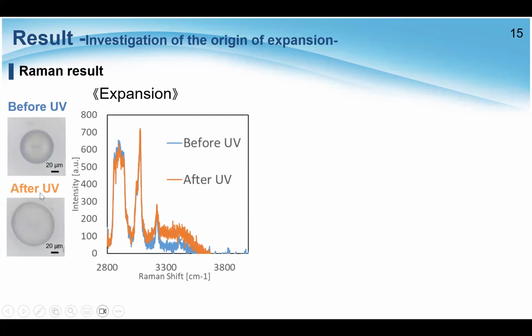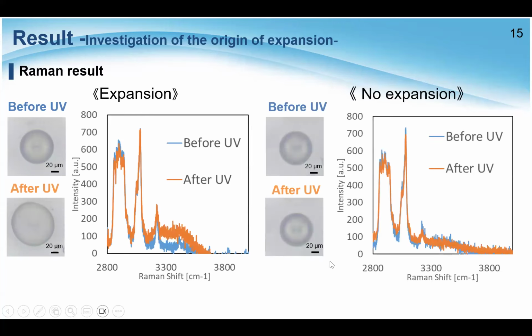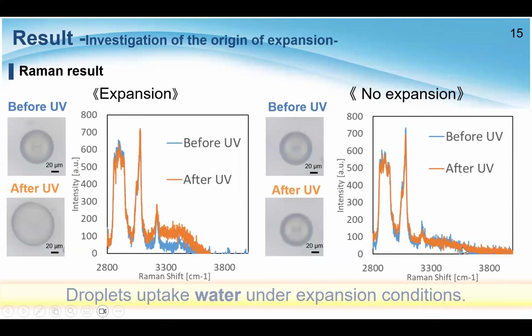We tested before and after, and we could clearly observe the water stretching band enhanced after the expansion. But without the expansion condition, we didn't see any increase of this. So droplet uptake happened under this expansion condition.